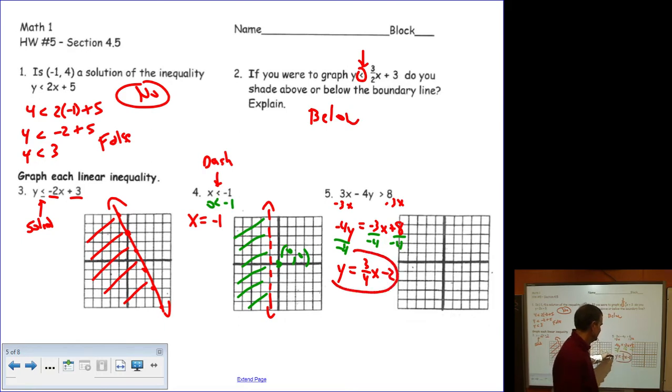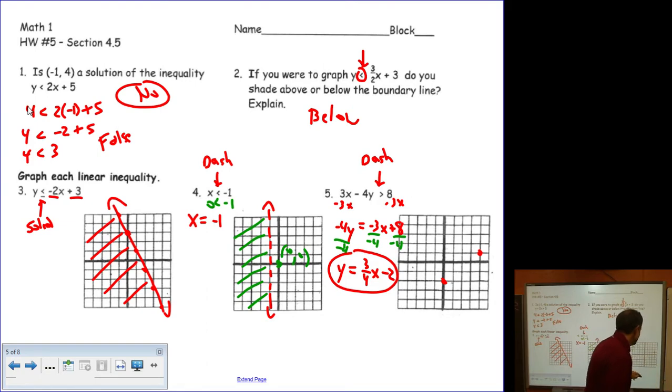So this is the line that I am graphing. The y-intercept was -2, right? And then the slope is up 3, right 4. Because of the original inequality, I'm going to have a dashed line.